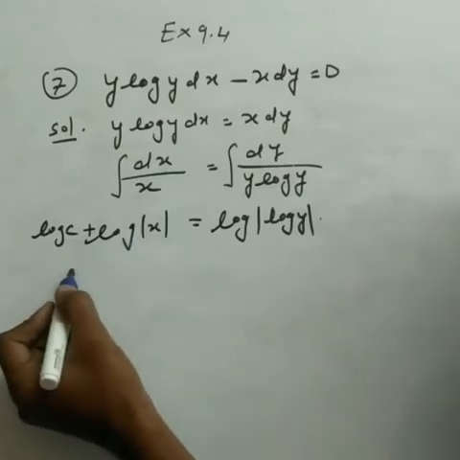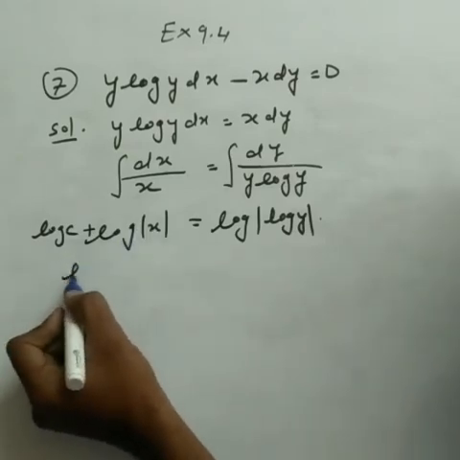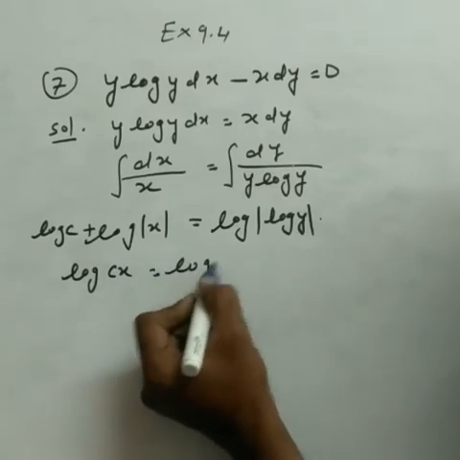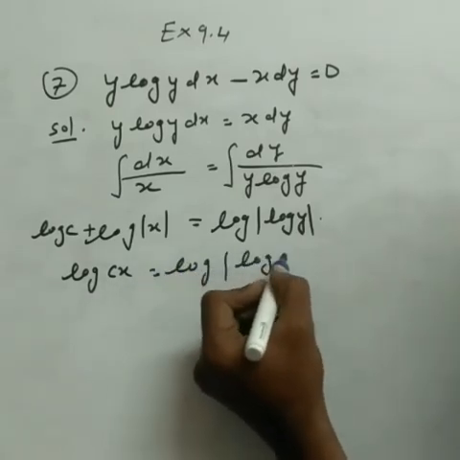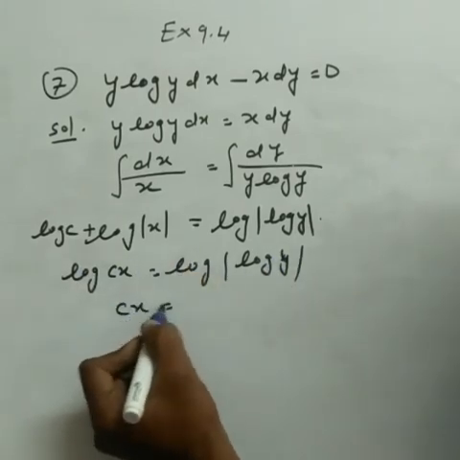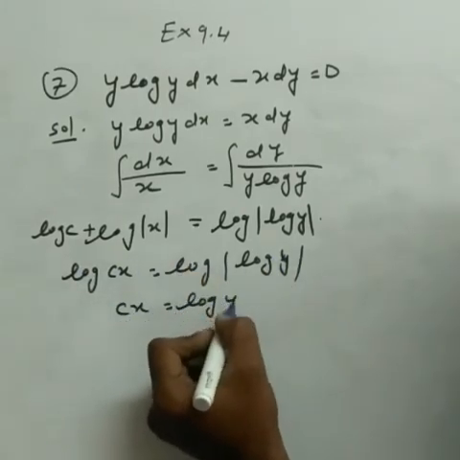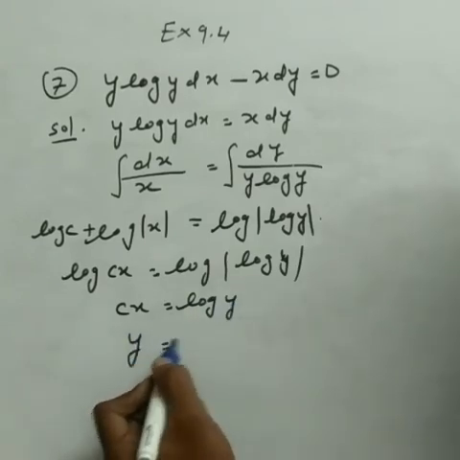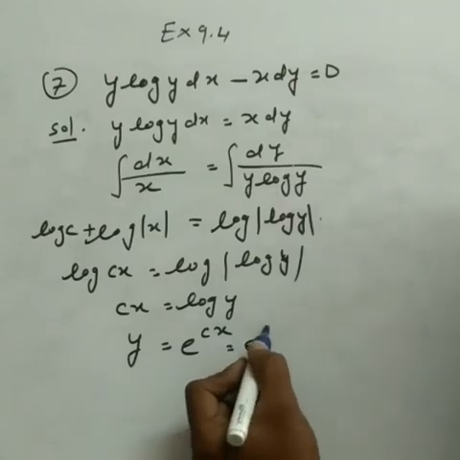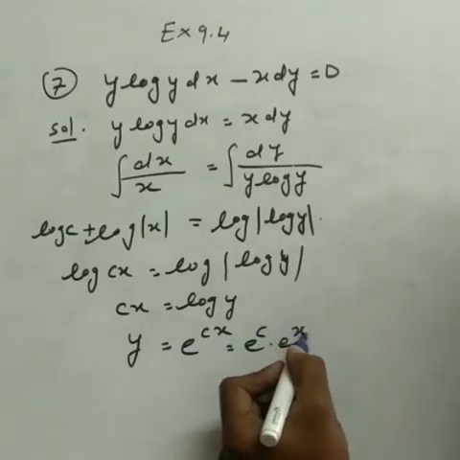Log a plus log b is log a into b. So log of cx equals log of log y. Log to log cancel, cx equals log of y. So y will be equal to e power cx. This can be written as e power c into e power x.